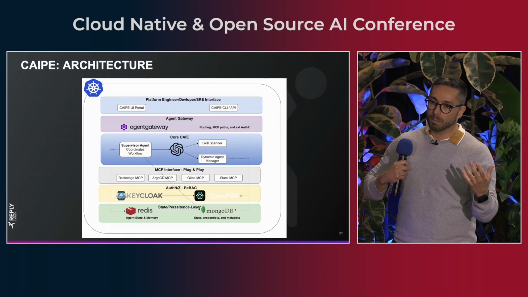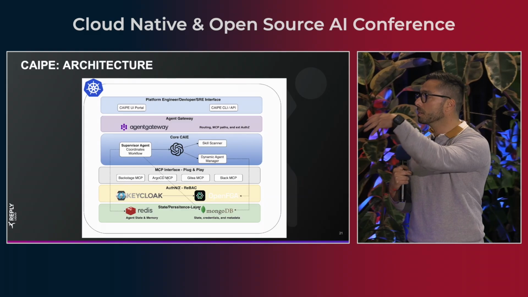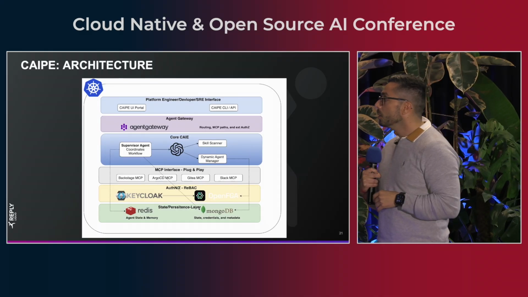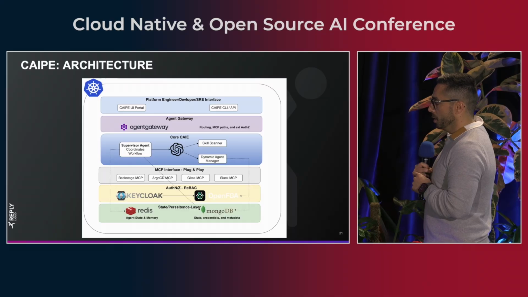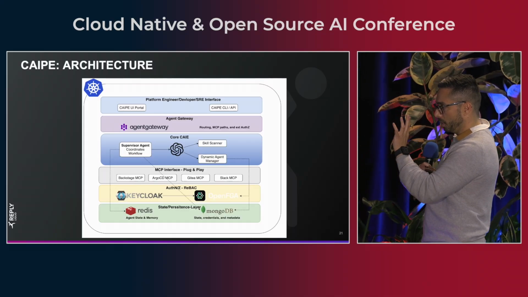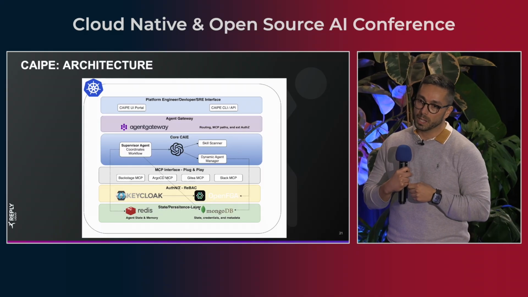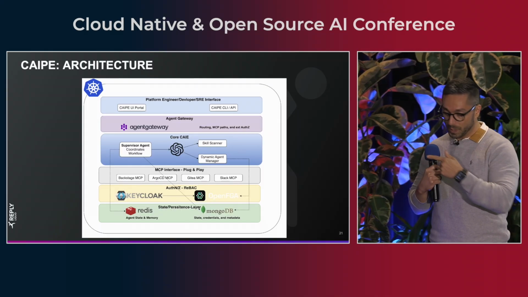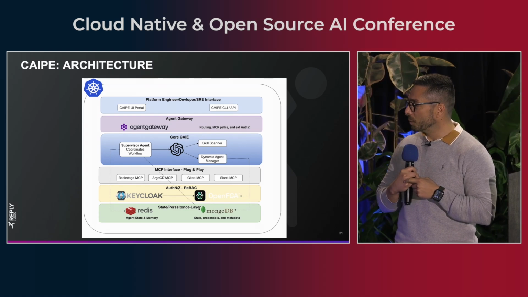Let's say I'm a developer or the end user. I have an intent, so it is able to delegate that intent to the right agent, and at the end to the correct MCP server. As I mentioned, authentication is done by Keycloak, and authorization is done by OpenFGA. Interesting that they also integrated this tool, because it's getting really popular in the community.